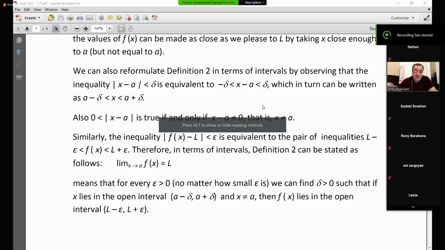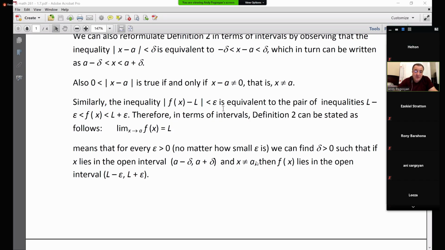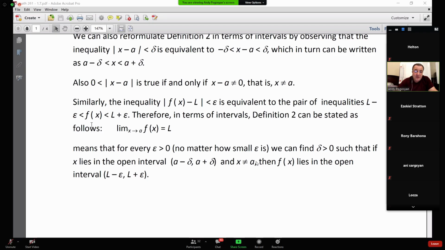to 0. That is, x is not equal to a. The absolute value of f of x minus L is less than epsilon. Equivalently, f of x is in the interval L minus epsilon, L plus epsilon.